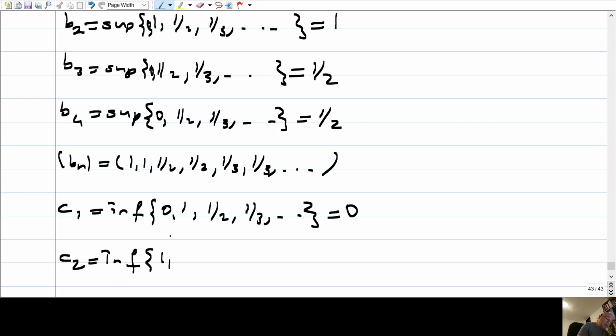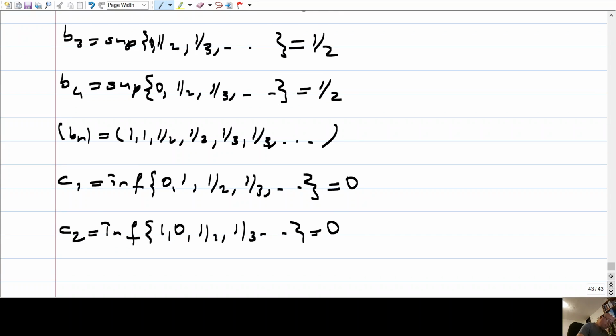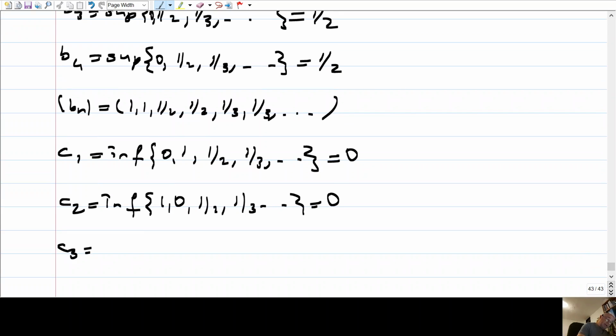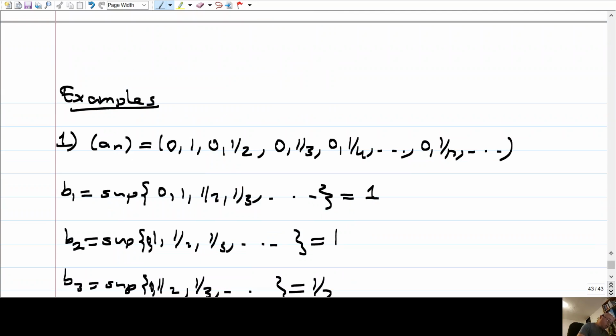It is 1, but then there is 0 also, and then 1 over 2, and then there is 0. I don't write it. So the infimum is still 0. C3 is the infimum of, I'll start from the third element, which is 0.